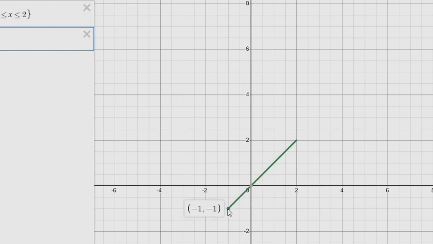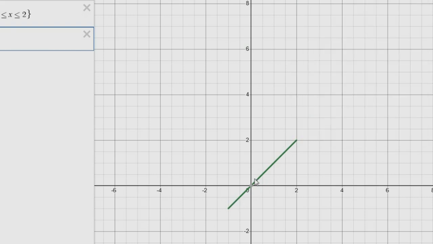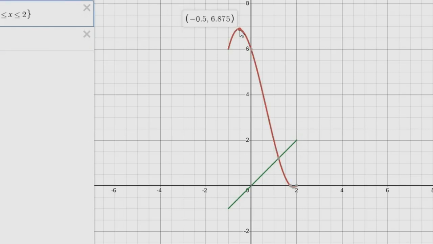It's at -1 and at 2. That is the maximum and minimum, but it says there has to be a maximum and minimum somewhere between there. On this one, the maximum is actually over here at -0.53, and the minimum's over here at 1.86.